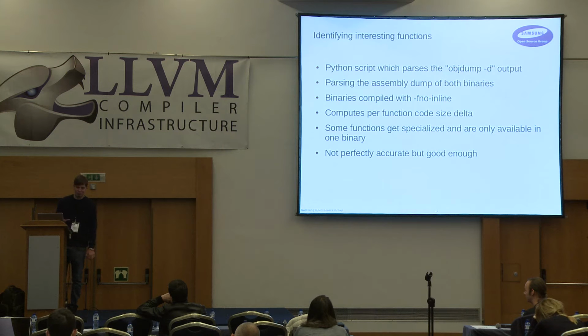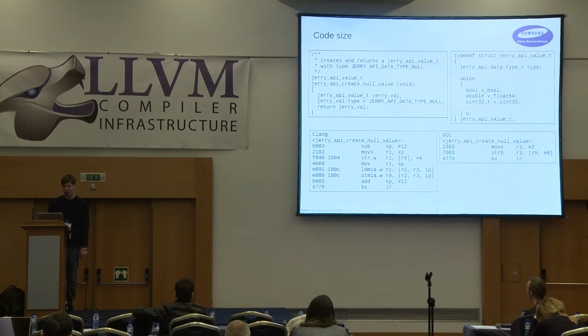Yeah, the overall results are not perfectly accurate, but it's definitely good enough to find interesting functions to look at and do a closer investigation. So in the following slides, I just want to show a couple of examples. I've mostly focused on really small functions in order to make them fit on a slide.